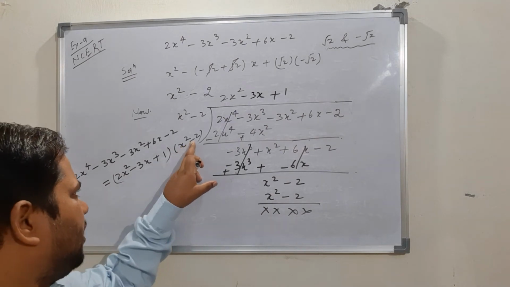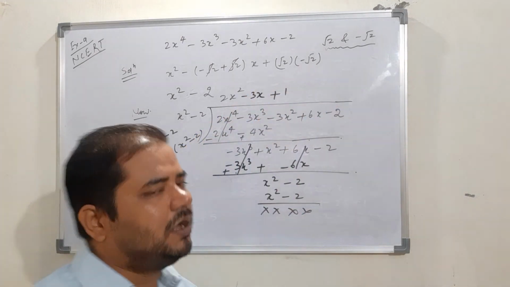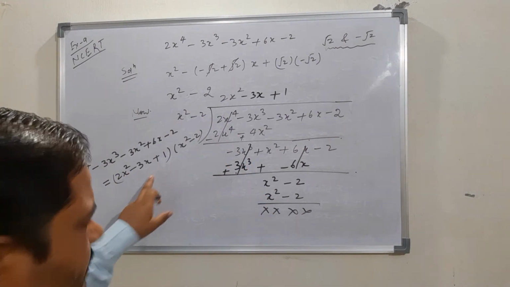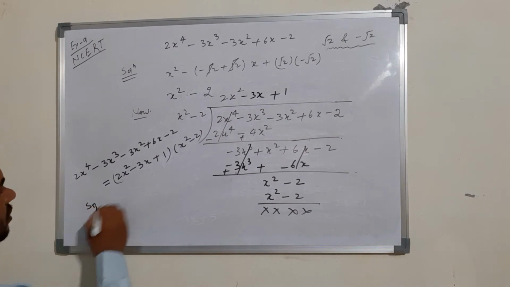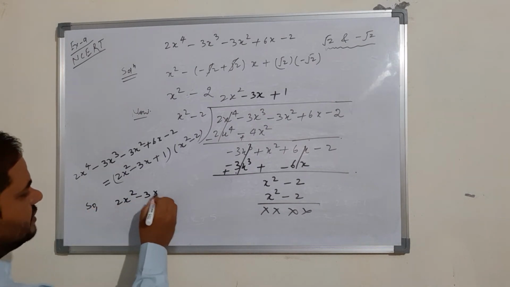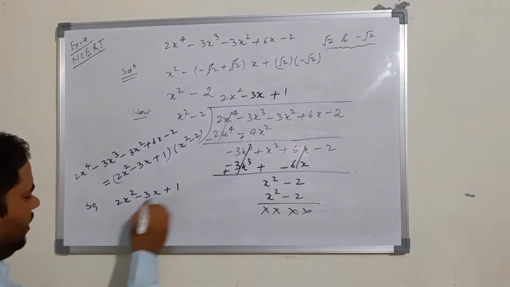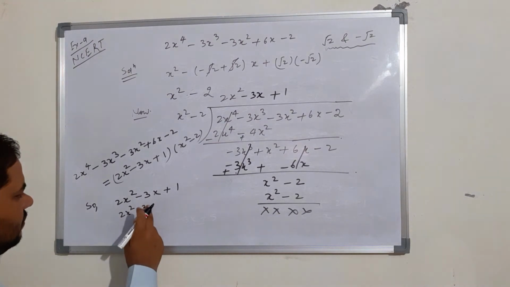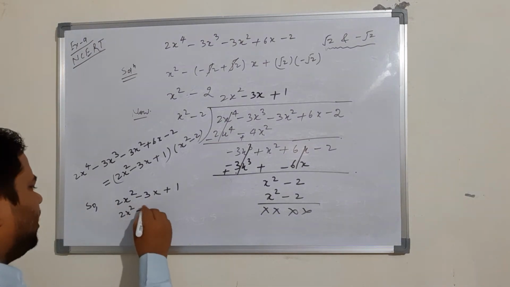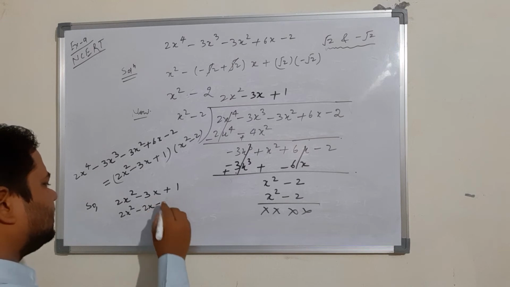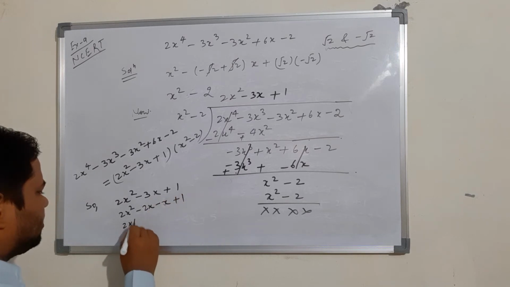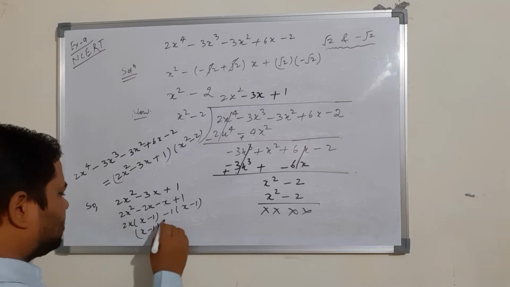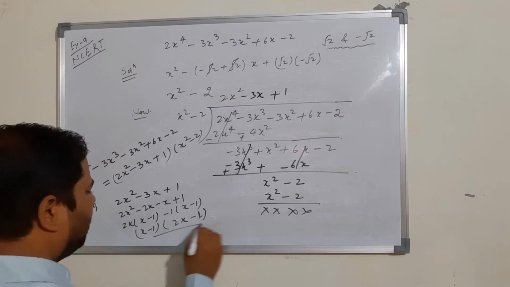From this factor we already get root 2 and minus root 2 as zeros, but from the other factor we also get two zeros. Factorize 2x square minus 3x plus 1: 2x square minus 2x minus x plus 1. 2x is common, x minus 1, minus 1 (x minus 1), so x minus 1 is common, times 2x minus 1.